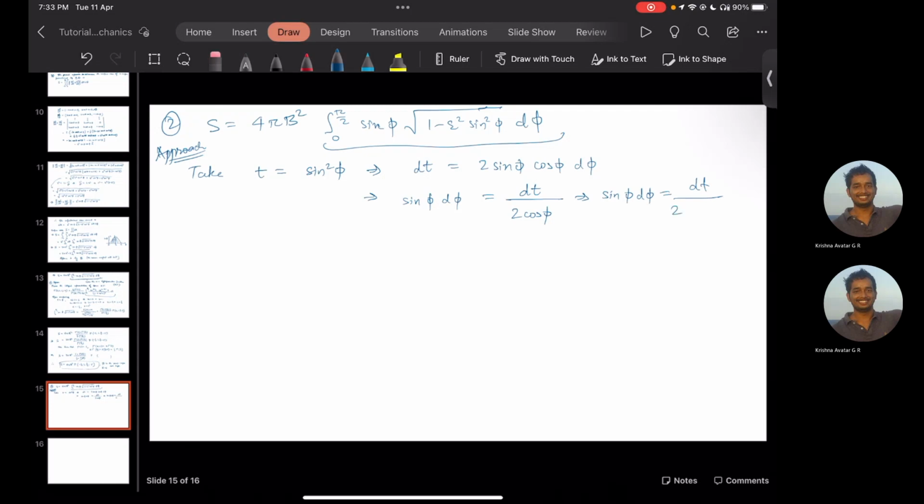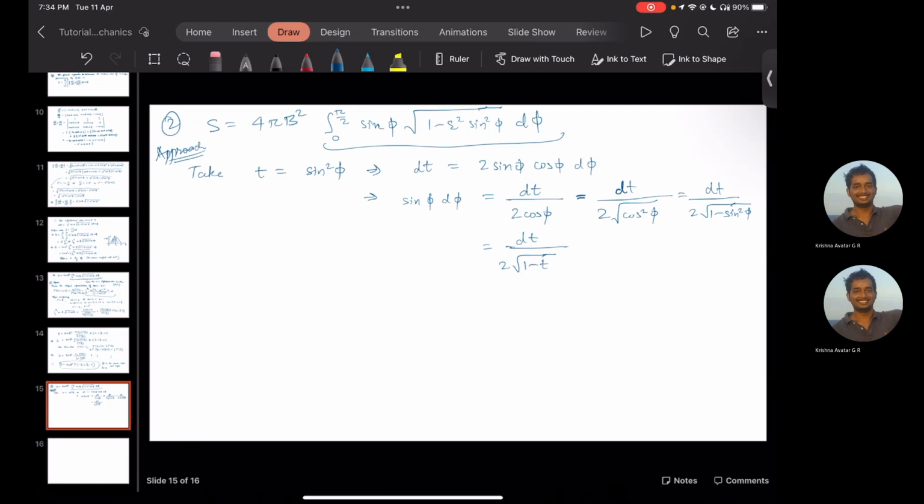And then take a look at cosine phi. Why don't I expand it right away? So this is dt by 2 into root over cosine square phi, and then this will be dt by 2 into root over 1 minus sine square phi. Is it not? So this means that we have dt by 2 root over 1 minus t.